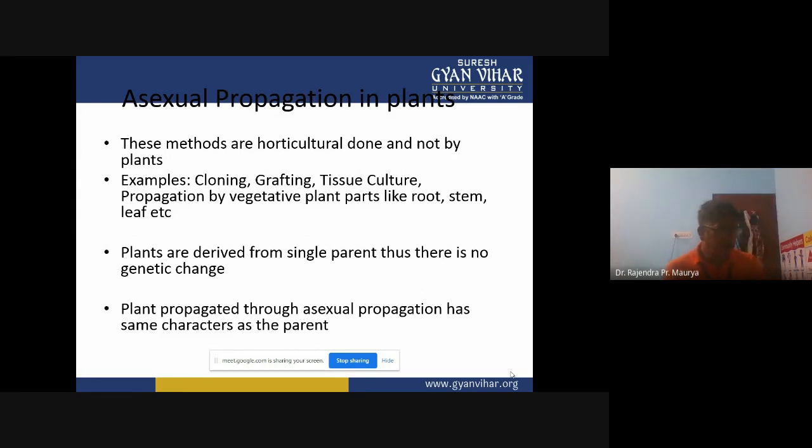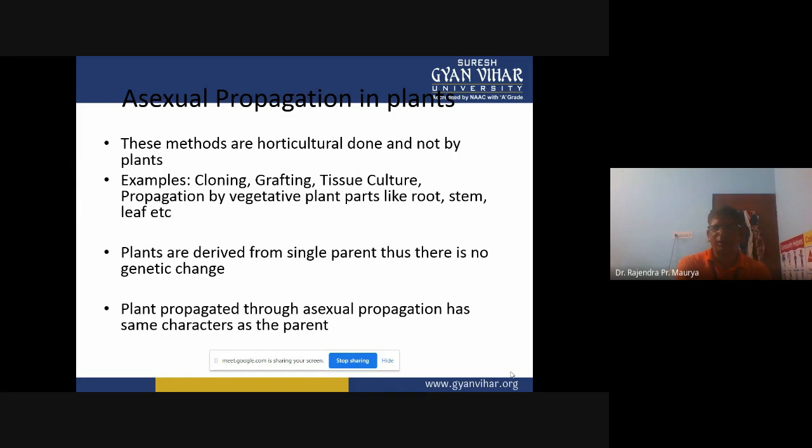The important things are that the plant should be a heavy, high yielder. Second, the quality of fruits should be good. Quality means the size of the fruit, color of the fruit, juiciness, less number of seeds, etc.